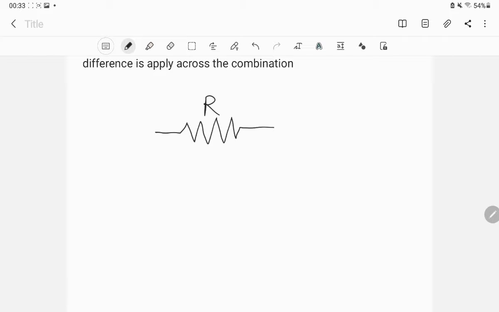In a circuit, we represent resistance with this symbol, and cells with this one. Capacitance is two equal vertical lines. This is capacitance and this is resistance.